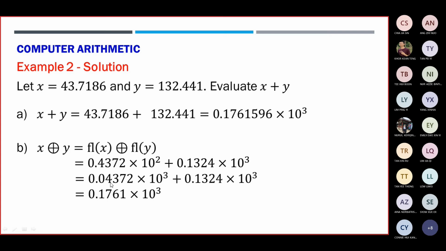Now it is easy to add: 0.04372 times 10 power of 3 plus 0.1324 times 10 power of 3, which becomes 0.1761 times 10 power of 3. So this is your answer, based on rounded numbers. Is it clear, guys?